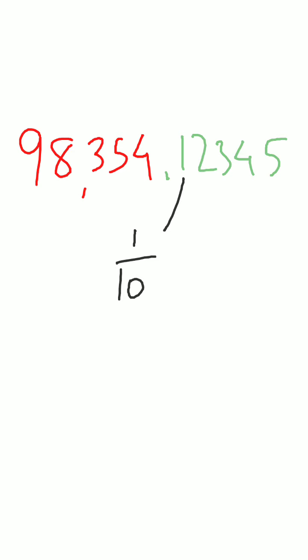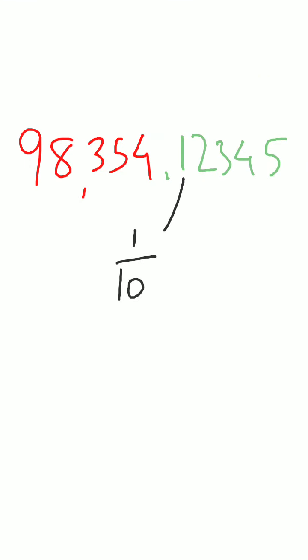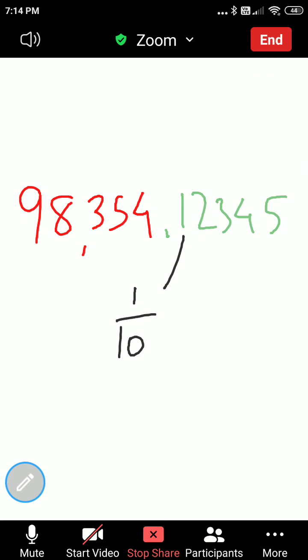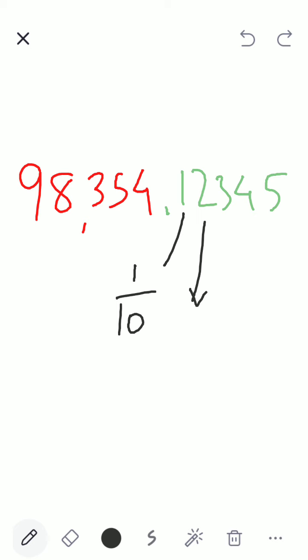Salma. One minute, children. Tell me the place value of 2. No, no, no. Place value of 2.